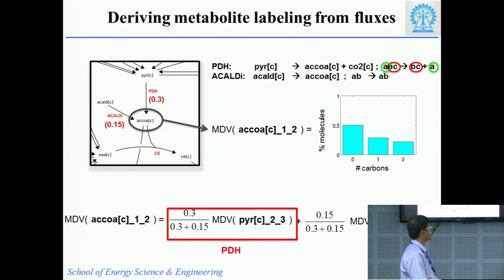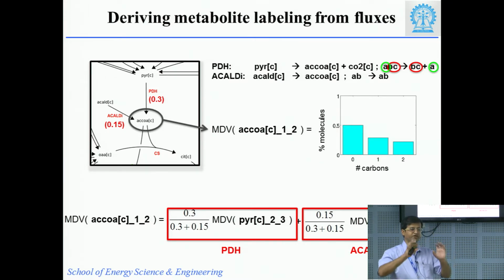So, there is no problem, and this is how you can calculate the MDV for acetyl coenzyme A, provided you know the MDV for pyruvate and acetaldehyde. The MDV you get from pyruvate is already known, because you start from something which is given.